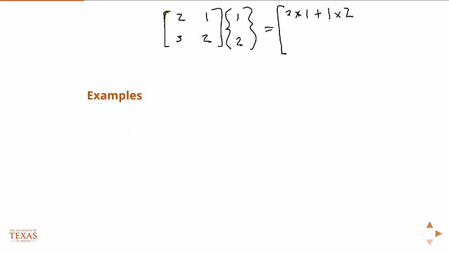Okay, and then the second row dot product with this is 3 times 1 plus 2 times 2. So what's the first entry? And the second?